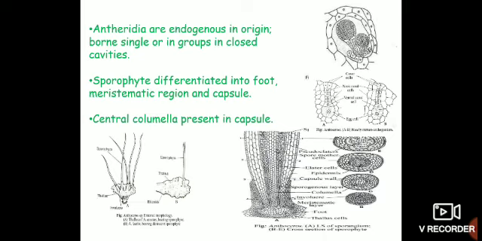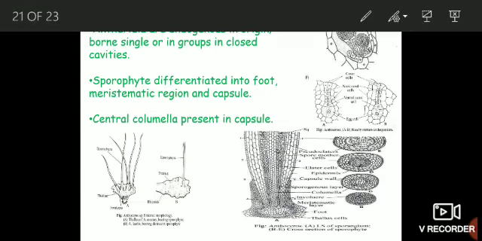For example, you have the dorsal epidermis, and below the epidermis a cell functions as the initial for antheridia. And these antheridia are borne either singly or in groups in closed chambers. This is the distinguishing feature of this group.